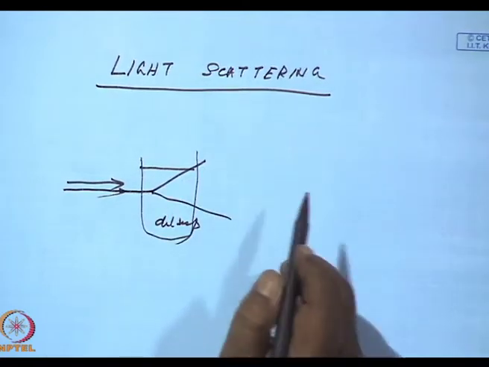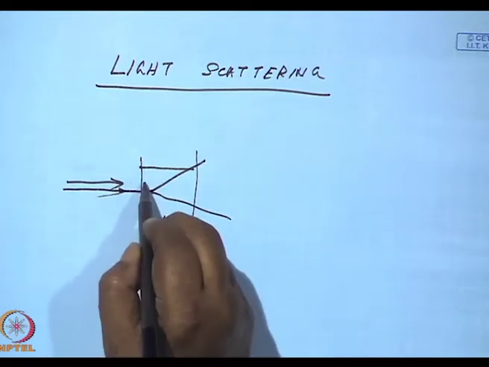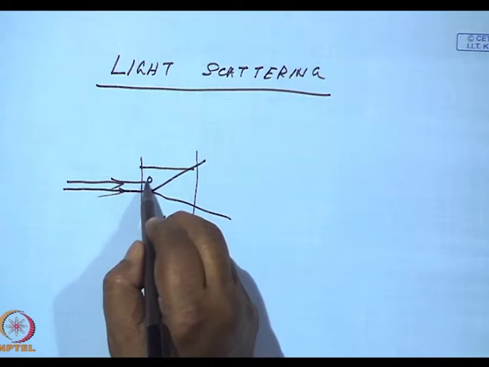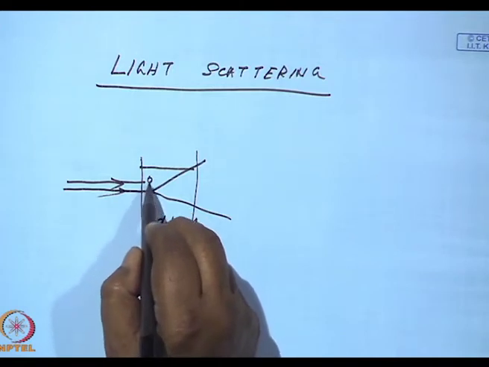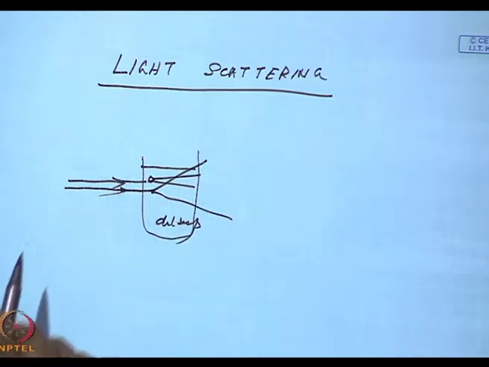The light will diffract. If the particle size is large, this is a finer particle, this is a larger particle, the diffraction will be lesser. This is well known, you have studied it in your school days.